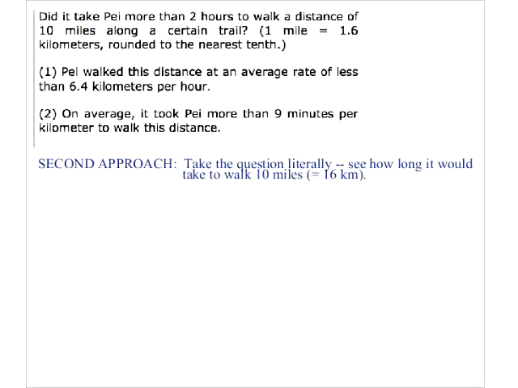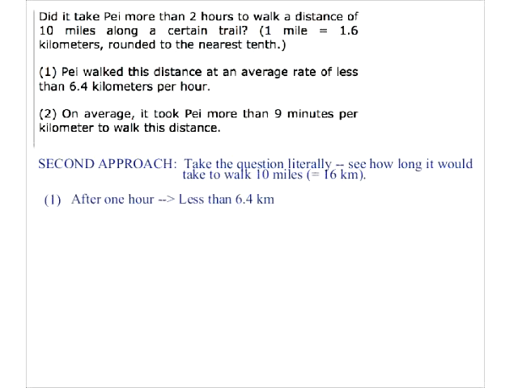So, statement 1, an average rate of less than 6.4 kilometers per hour. So this means that after 1 hour, Pei has walked less than 6.4 kilometers.